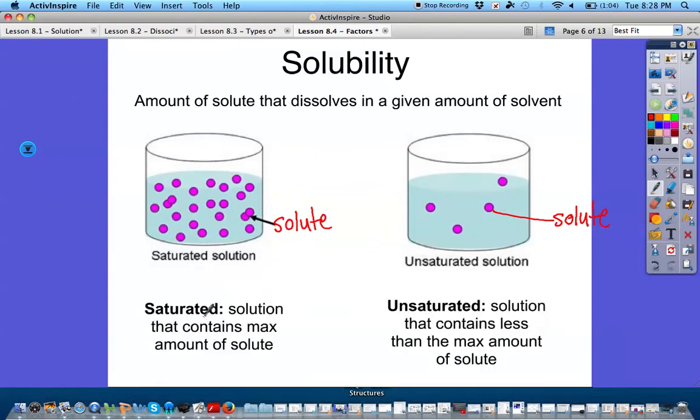A saturated solution is a solution that contains the max amount of solute, so you can't dissolve any more in this solution. The unsaturated is a solution that contains less than the max amount of solute, so we can still add solute to this solution.